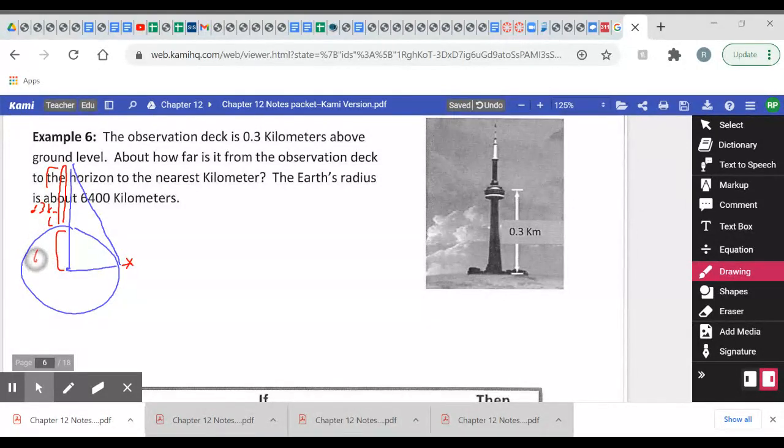So I know from here to here is 6,400. And I know from here to here is 6,400. Okay, the radius is in both cases. And they want to know how far the observation deck is to the horizon. And so that length from here to here is my x that I'm trying to find. And this 0.3 is not looking so hot over here. Let's try and fix that.